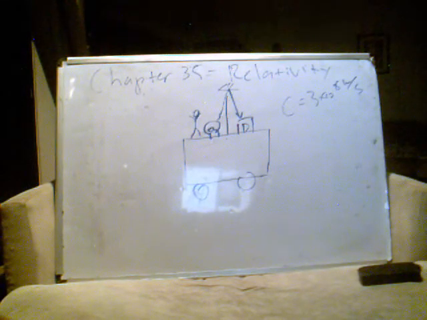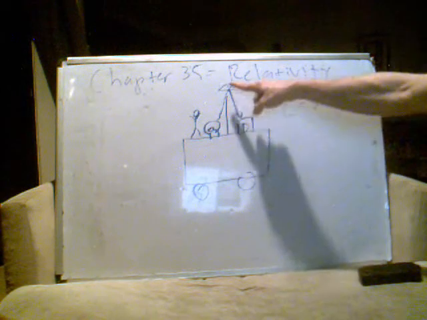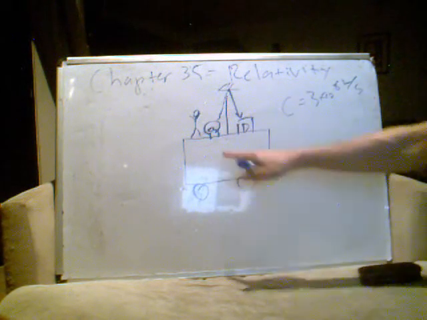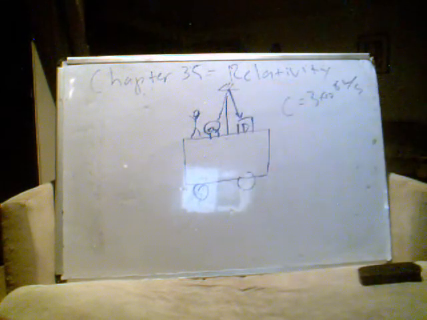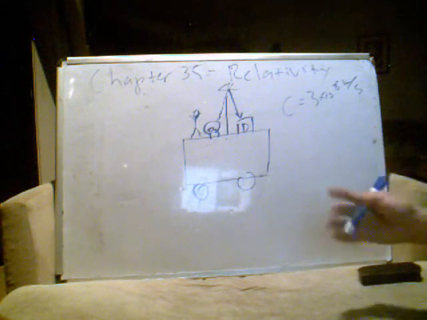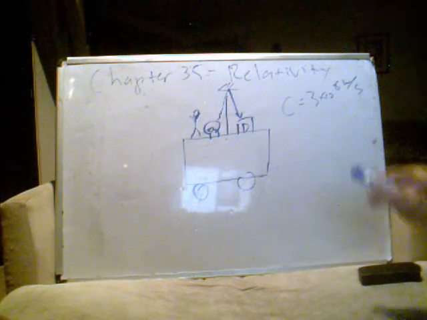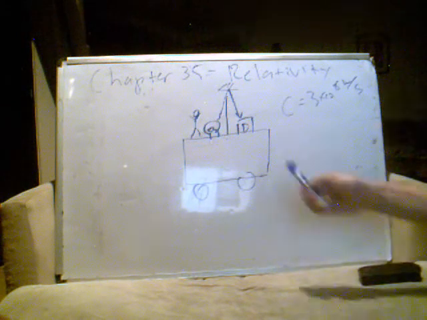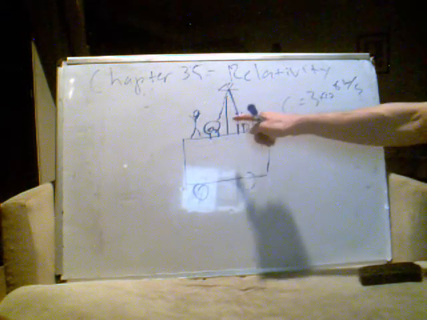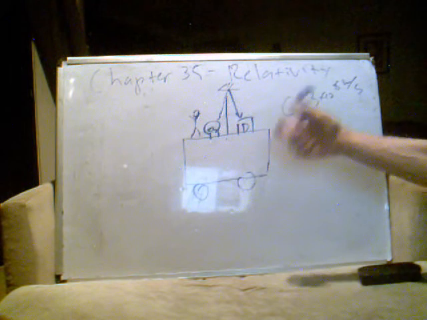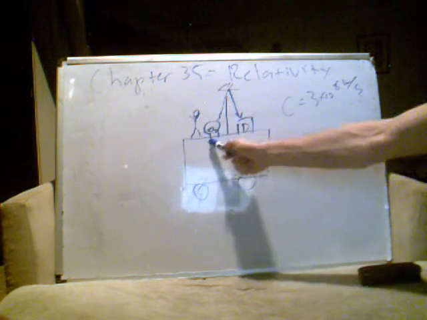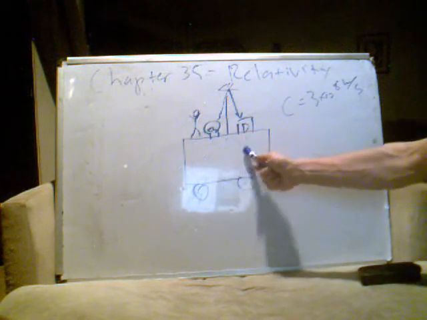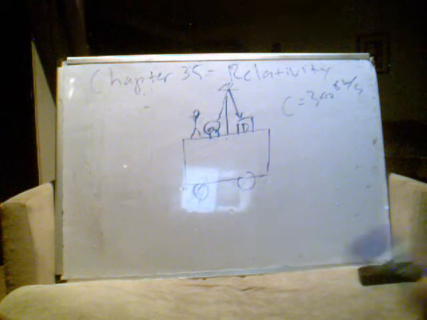And presuming that this is only a couple meters up at the most, this is going to go very, very quickly, something like 1 × 10⁻⁸ seconds, a very, very small time window. But the moral of the story is that the distance that the light appears to travel will tell you how far apart these two events are in time.